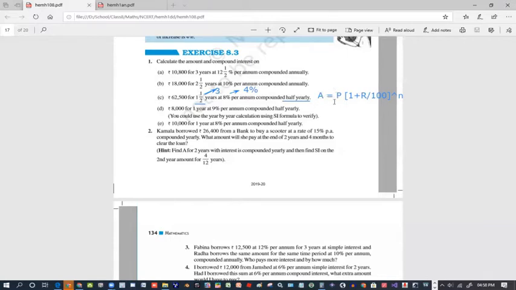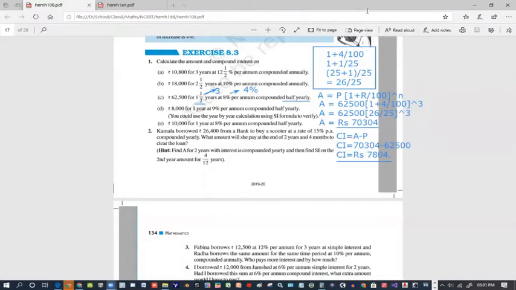Now just fill the value and you will get it. Compound interest, CI, is amount minus principal. So amount is 70,304, principal is 62,500. So compound interest from these two is 7,804.